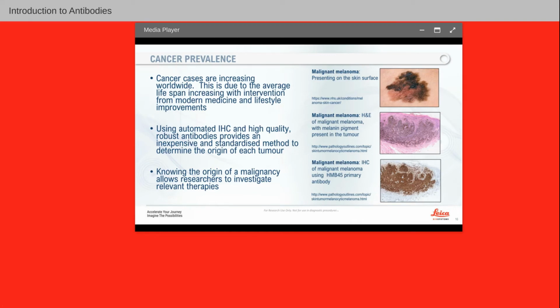Due to medical developments over the last 200 years, we humans are living much longer. So this increased lifespan, combined with various lifestyle choices that we make, mean we are more susceptible to cancer. So in a very simplified description, cancer is uncontrolled cell growth. When cells grow, they divide, they make a copy of the DNA for each new cell that is produced.